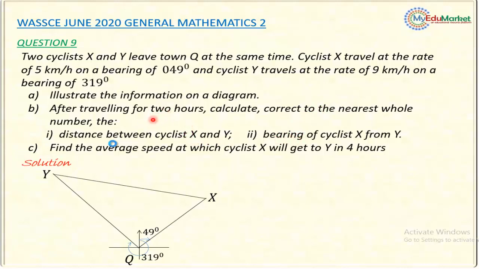So I'll complete this so that I have a complete triangle. Let me calculate the distance, because speed is given for each cyclist and the time is 2 hours for each cyclist after departure. So the distance QX, I use the concept distance equals speed times time.